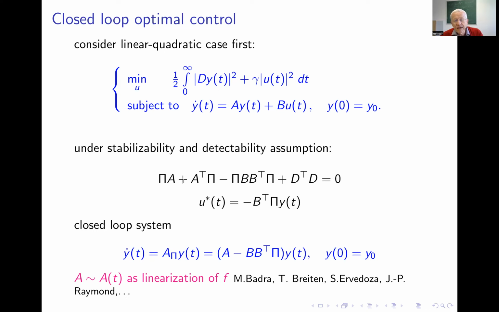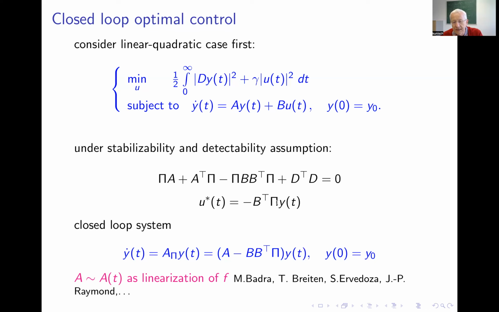we can guarantee that this Riccati equation for the unknown pi, involving the right-hand side, the control operator B, and the observation operator, has a solution. I take pi, which is a symmetric, positive definite matrix in the finite dimensional case.